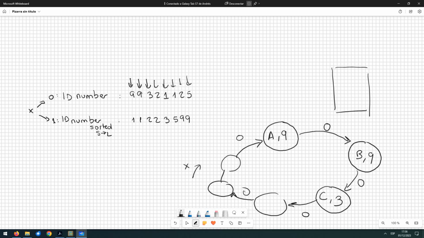And once you have this sequence complete, just see what happens if the input changes to 1. Okay, so if the input changes to 1, you have to change the transition to the second sequence. You have to think a little about this.